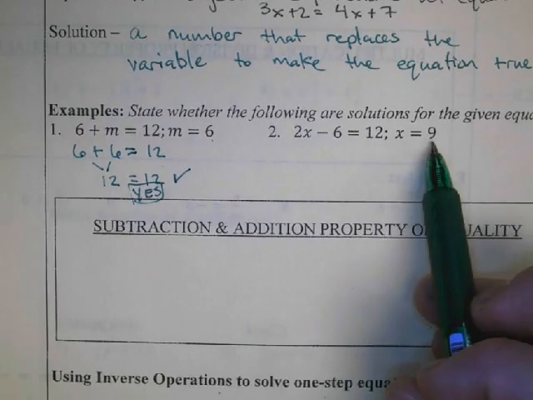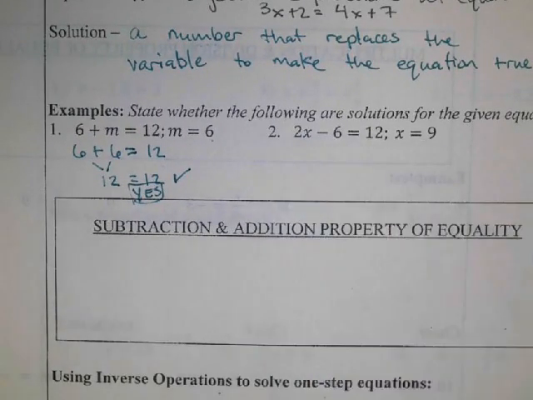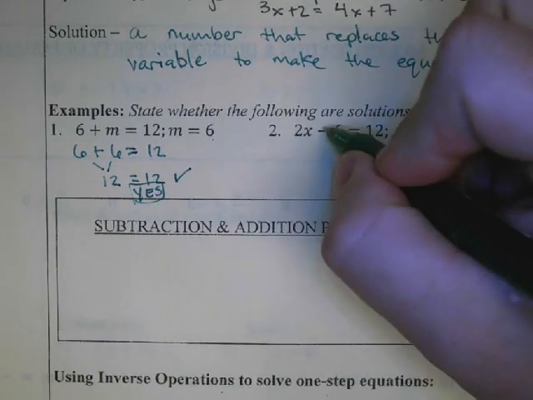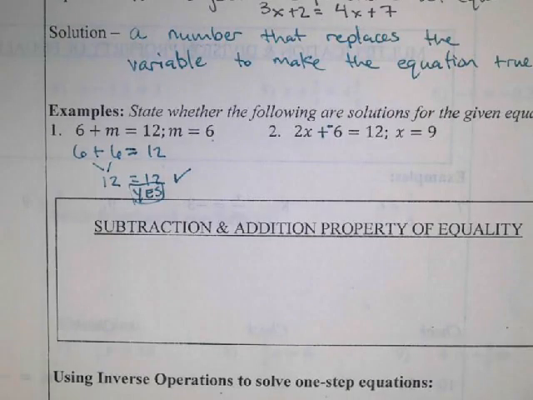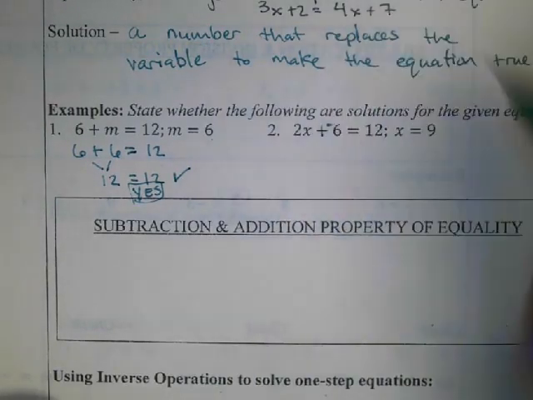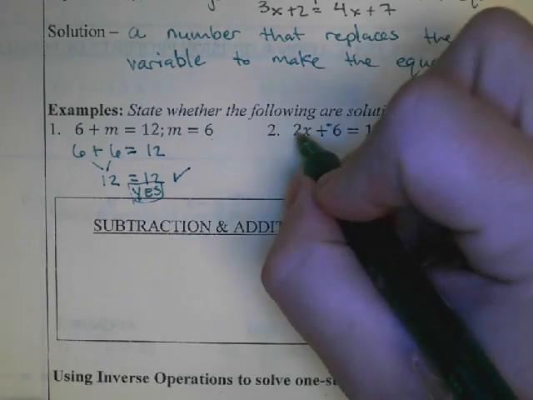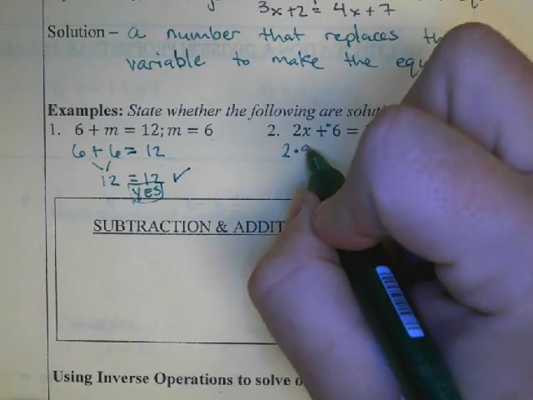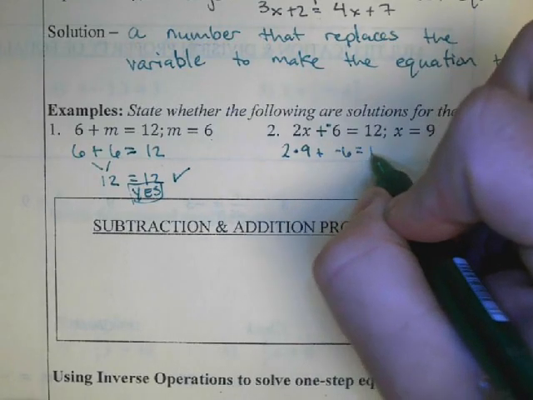Now let's see if x equals 9 is a solution to number 2. The first thing I want to do, like we've always been doing, is our keep, change so we can keep track of our signs. So if I plug in x equals 9, remember a number next to a letter is multiplication, so I'd say 2 times 9 plus negative 6 equals 12.